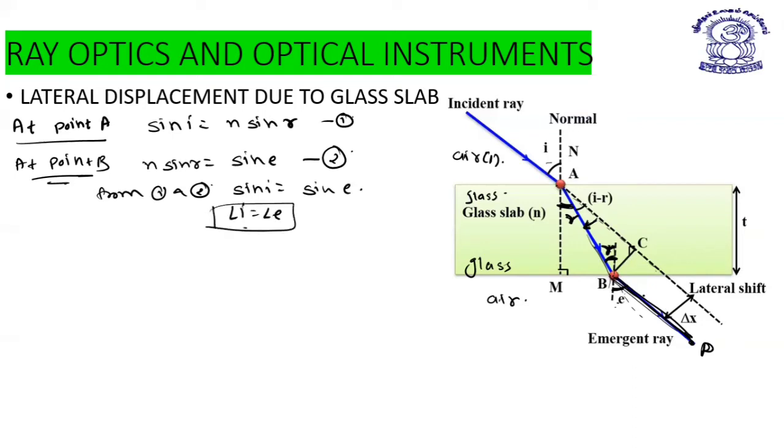Here these two rays make the same angle with the same normal. So we can say that these two lines are parallel to each other. So due to the glass slab, light is parallelly shifted.